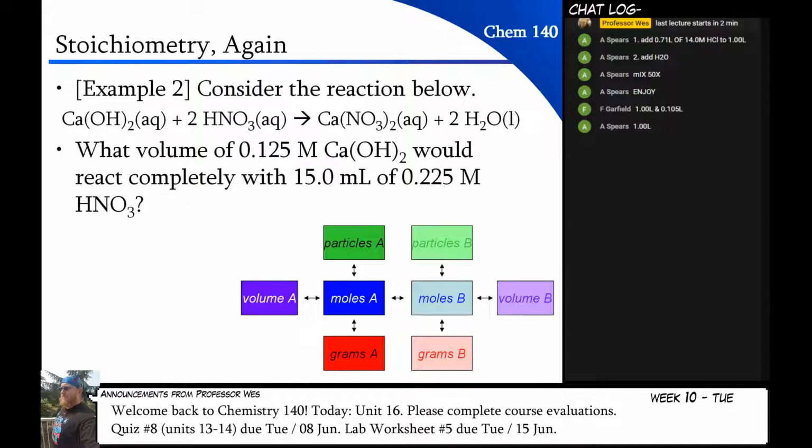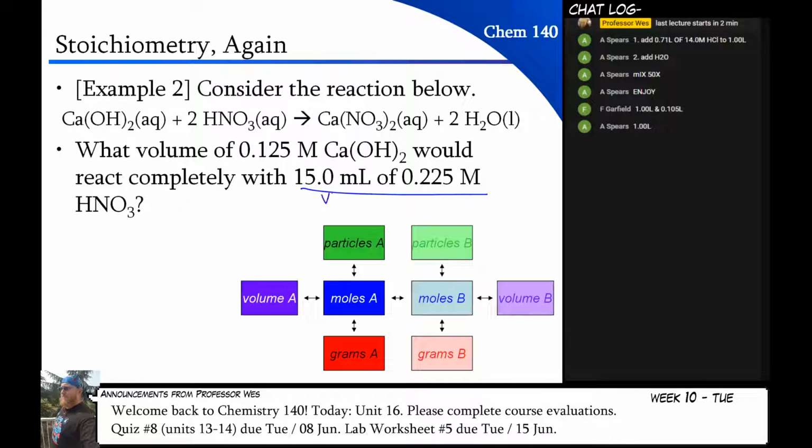All right, so this is the same sort of principle. I'm reacting calcium hydroxide with nitric acid. I have a different balanced equation. I've already balanced it for you. What volume of calcium hydroxide, 0.125 moles per liter, would react completely with 15 milliliters of 0.225 moles per liter nitric acid? So here's the ones that I know.